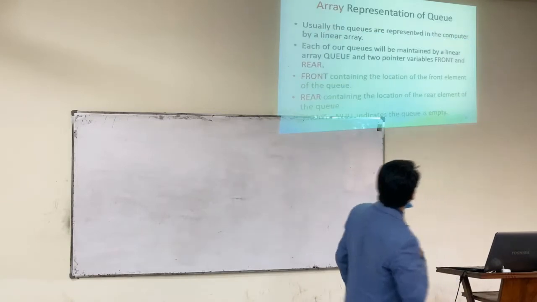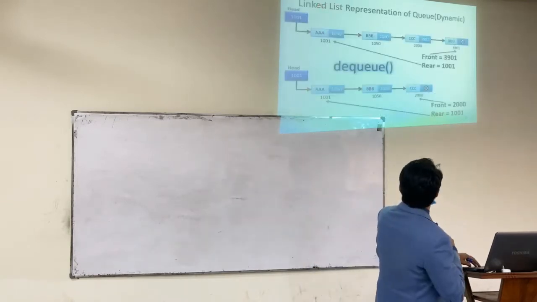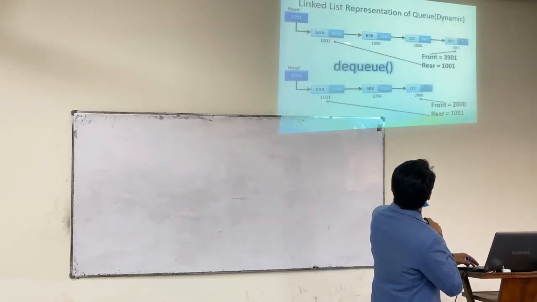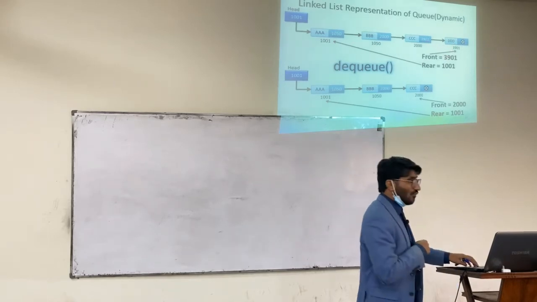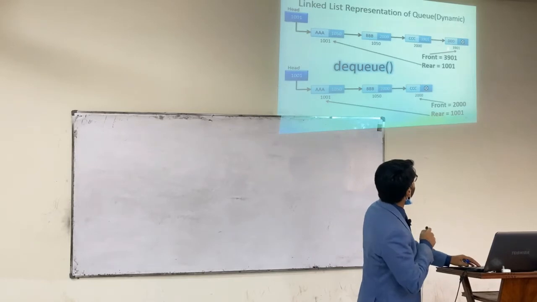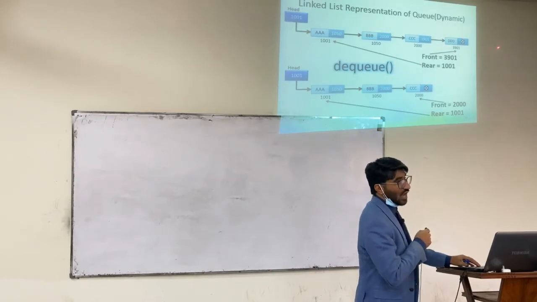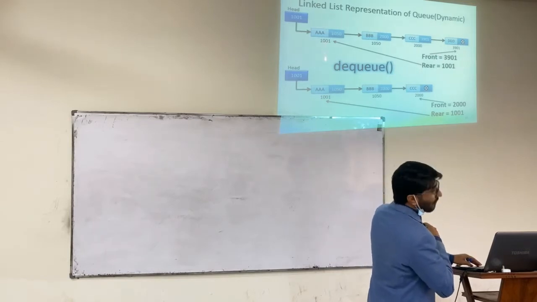So let's apply Dequeue. If we apply Dequeue, you can see here, this is our same queue. If we want to remove, which value will be removed? This one, yes, because we always remove from the front, but we always insert from the rear end.